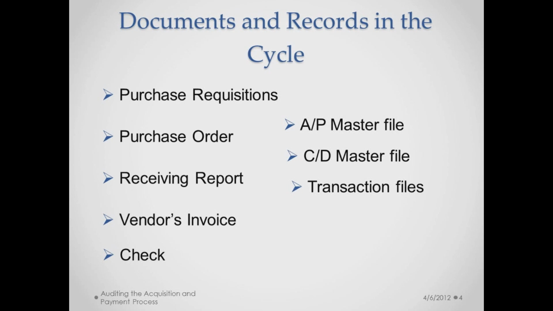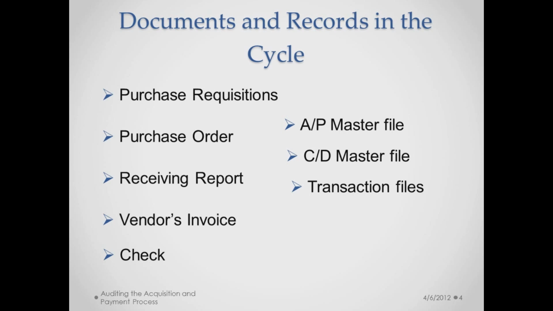It usually comes from user departments. So let's say, for example, I'm in the finance department, and I need to order office supplies. I would issue a purchase requisition to the purchasing department to place an order with whatever vendor we use, or vendors, if we're going to do competitive bidding, to order those office supplies.